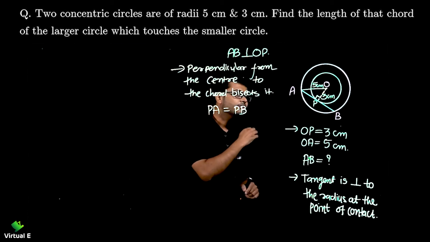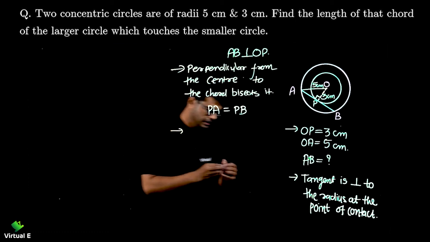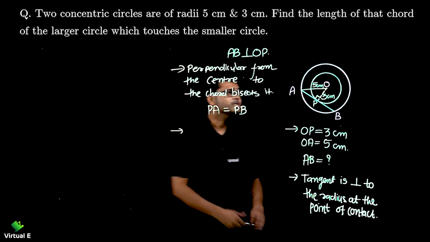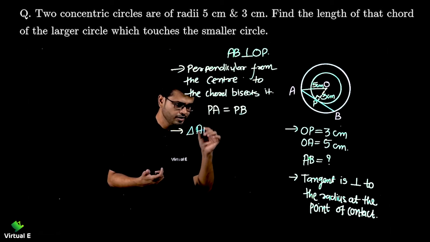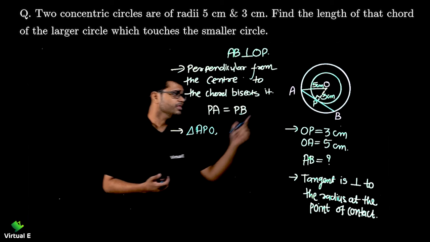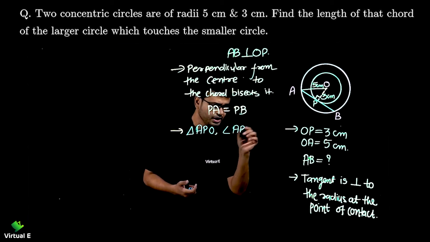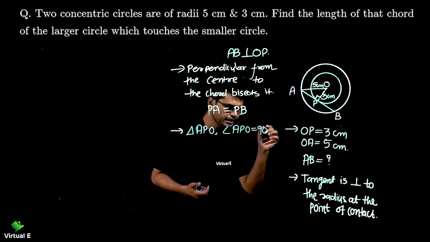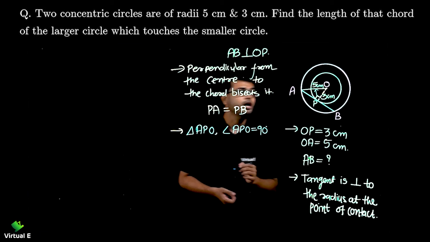Very simple. So let's come to triangle APO. Why am I choosing triangle APO? It is a right triangle. So we are going to use the Pythagoras theorem. In triangle APO, angle APO is equal to 90 degrees. Opposite to 90 degrees is the hypotenuse.